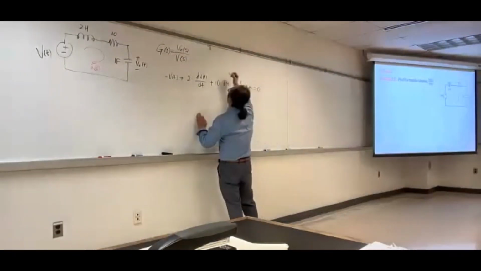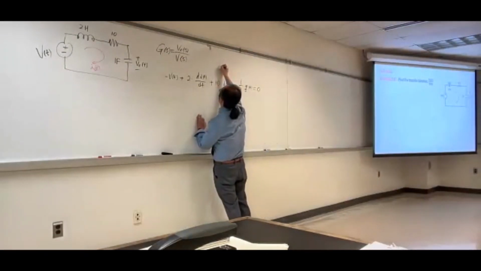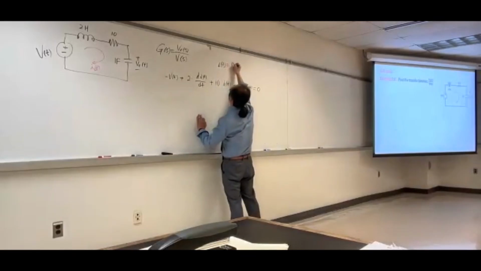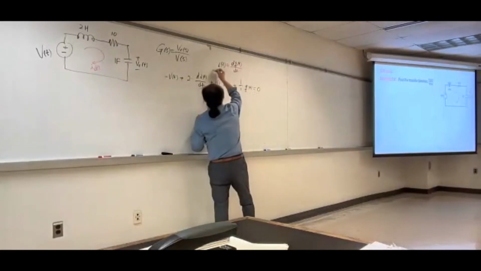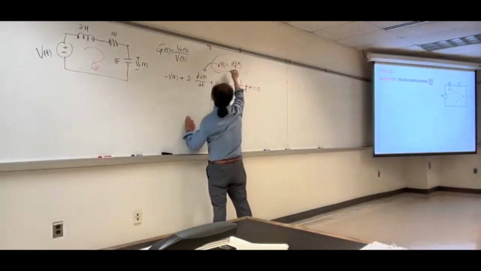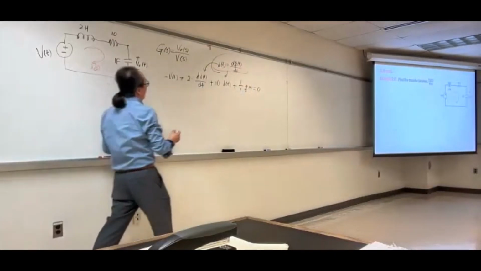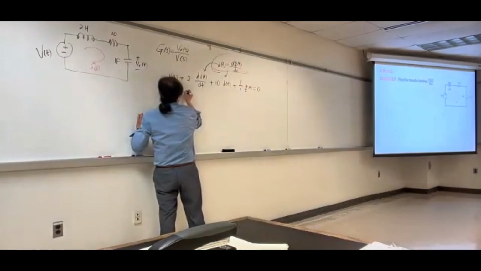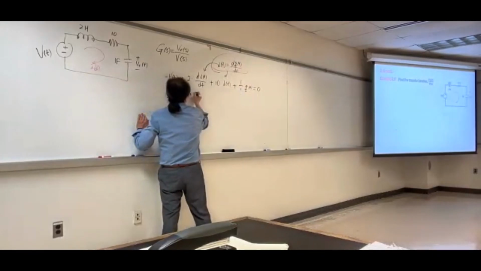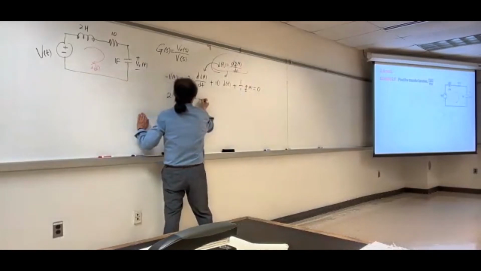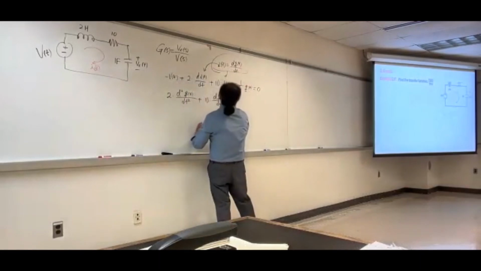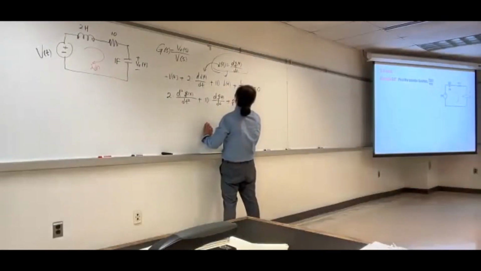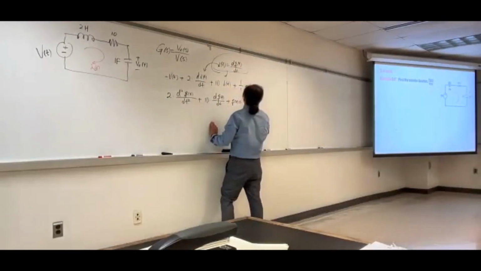And also we have i of t equals dq over dt. So we're going to substitute this in here: 2 times d squared q of t over dt squared plus 10 dq of t over dt plus q of t equals v of t.